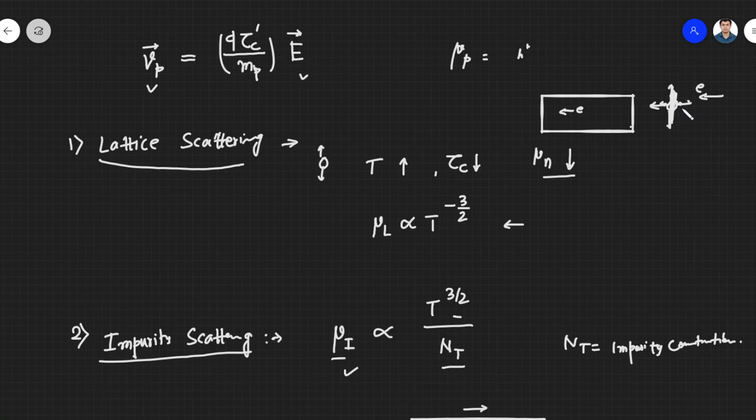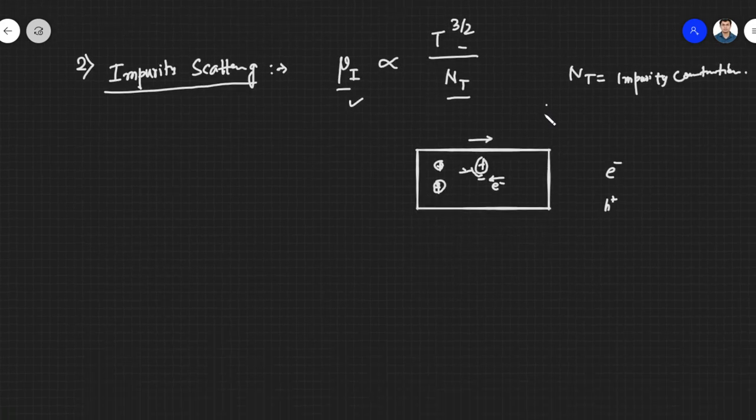So these are two contradictory effects: one will try to increase, the other will try to decrease with temperature. If you draw these curves together, you will get a peak, right? Let me just draw a very rough schematic.